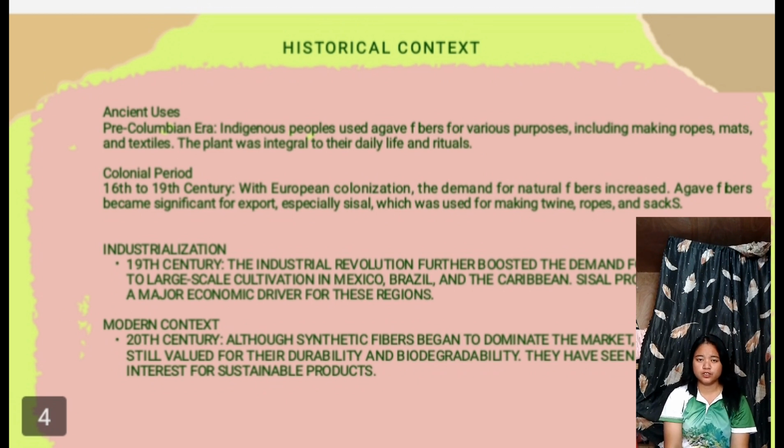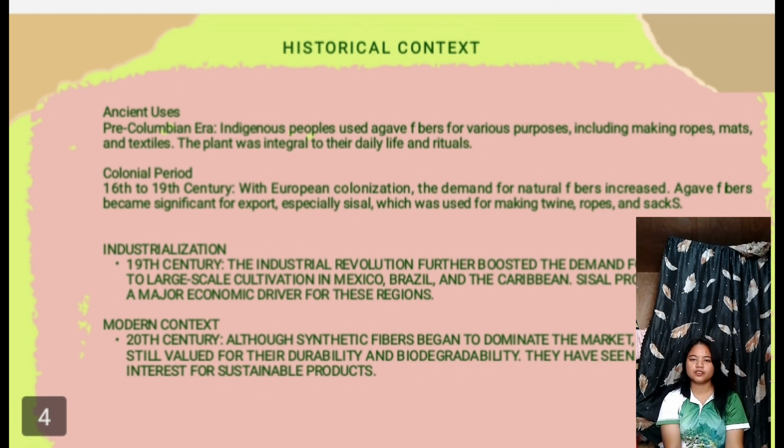Since the 19th century, the Industrial Revolution further boosted the demand for sisal, leading to large-scale cultivation in Mexico, Brazil, and the Caribbean. At this time, the agave plant was recognized as a fiber crop for fiber production.